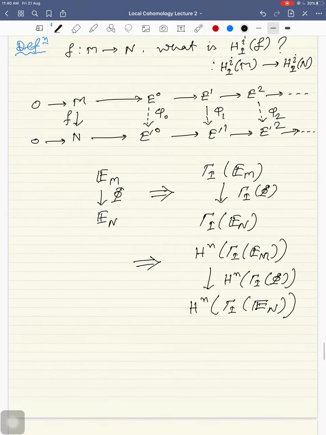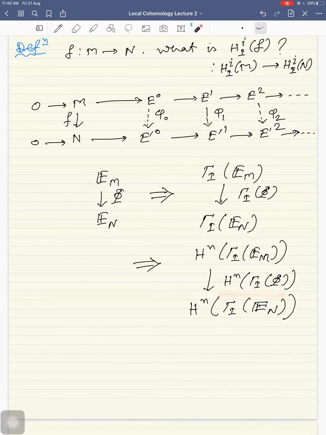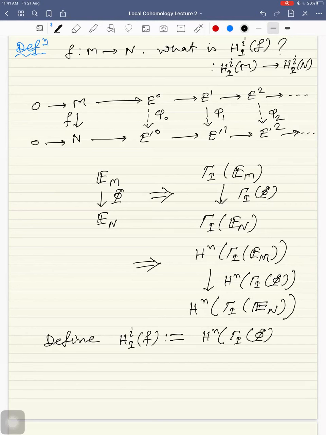So this map we are defining as this one. I should write that we define Hi of F as Hn of gamma I of phi, this quotient map.